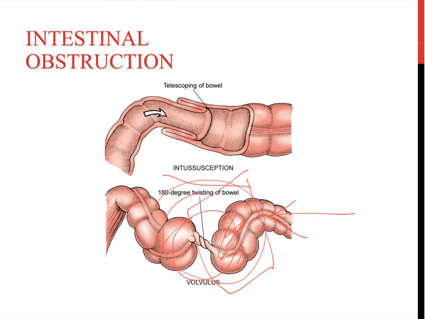So if it's lower, it's going to appear more in the small bowel area. If it's small bowel, they might start to have upper epigastric abdominal distension, and they get nauseated very early. They start to vomit. So with small bowel, that patient's going to show more signs of nausea and vomiting as opposed to your large bowel obstruction, just because it's lower in the bowel.